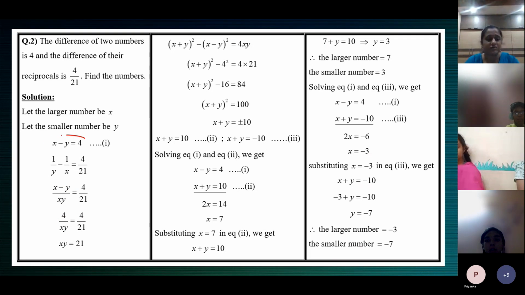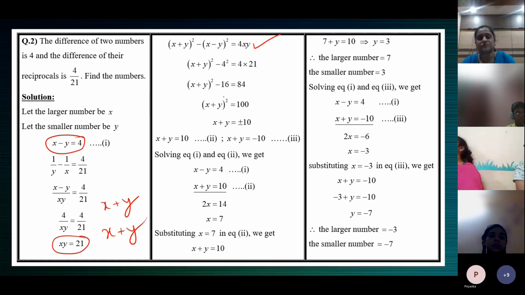Now we know the value of x minus y and we know the value of xy. So we want to find the value of x plus y. You can find it using this identity. The three expressions here are x plus y, x minus y, and xy.